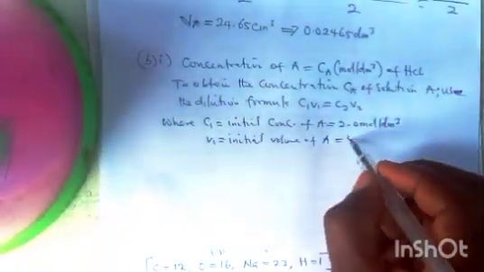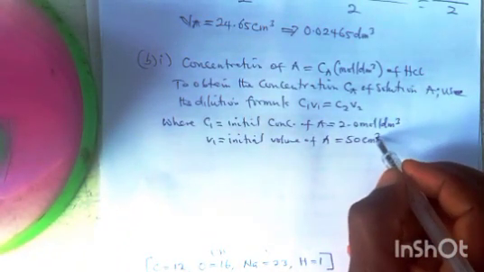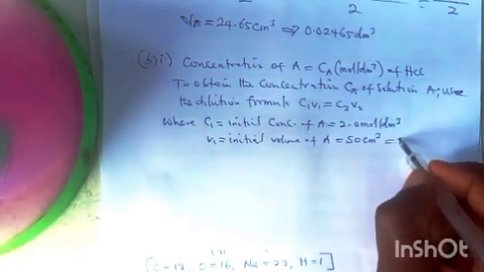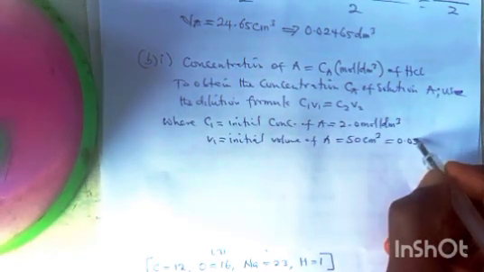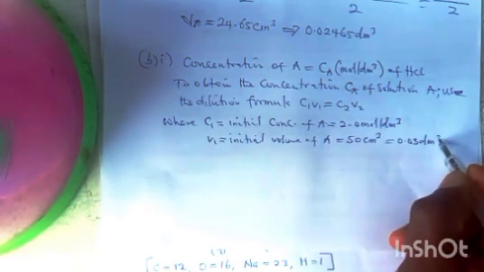This is the volume: 50 centimeter cube, which is 0.05 dm cube.